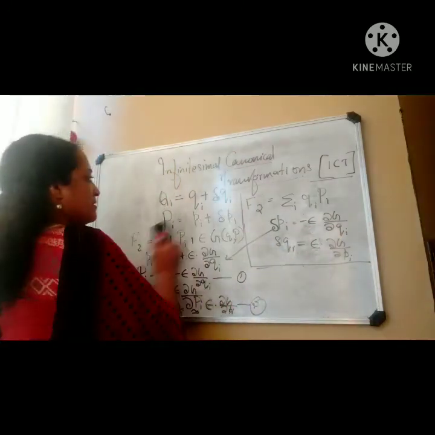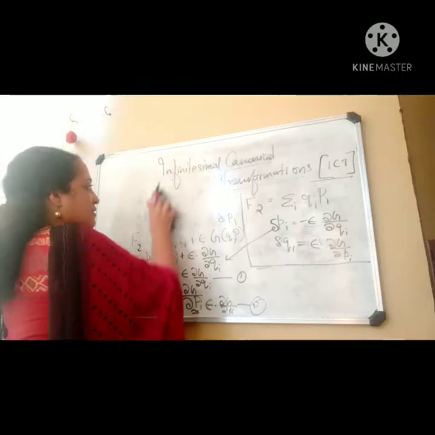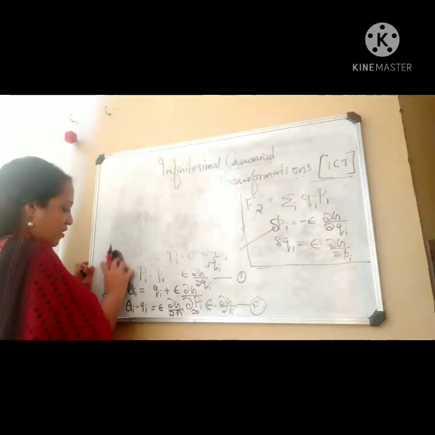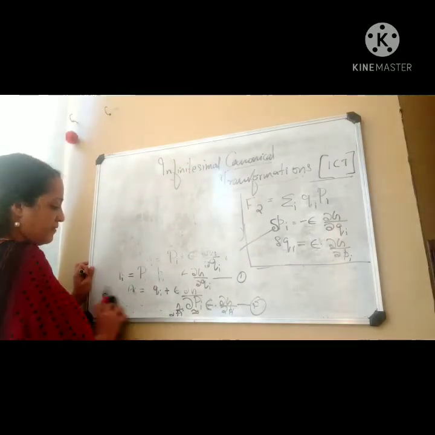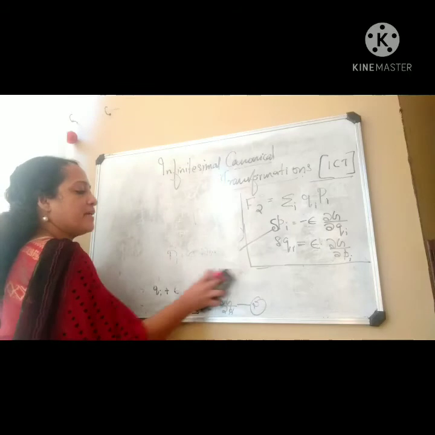Here we have written small pi instead of capital Pi because we have said that since capital Pi and small pi differ by a very small amount, we can replace capital Pi with small pi.